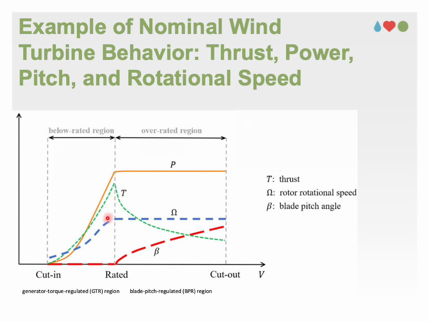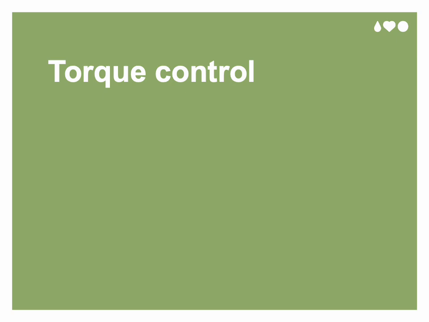In region 2, both rotor speed and power increase with wind speed, while in region 3, power is maintained nearly constant as pitch control becomes active. As I mentioned, in this video I focus more on torque control in region 2.